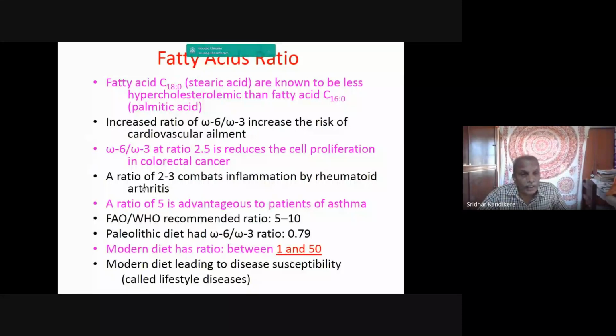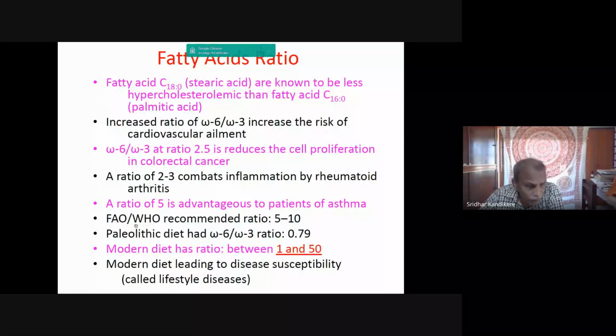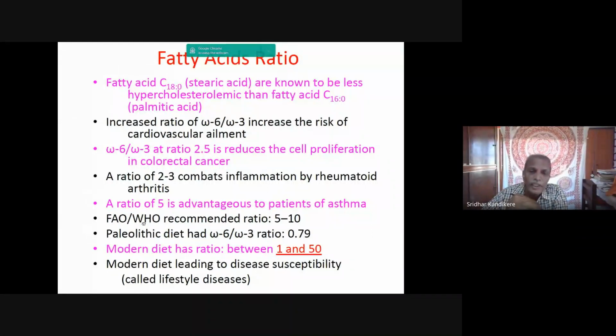Similarly, an omega-6 to omega-3 ratio of 2 to 3 combats rheumatoid arthritis, another important feature. And a ratio of 5 is advantageous to patients of asthma. Now, the FAO-WHO has recommended that a ratio of 5 to 10 is desirable.